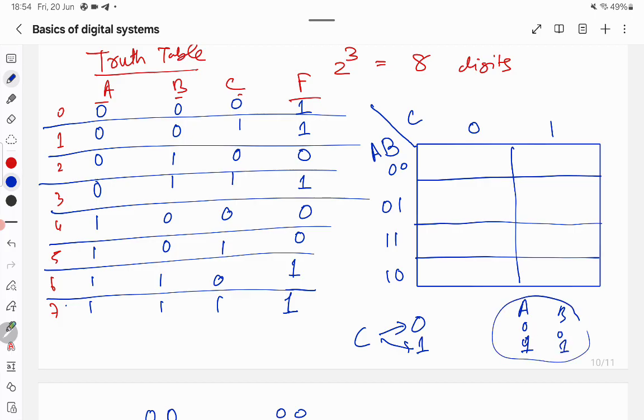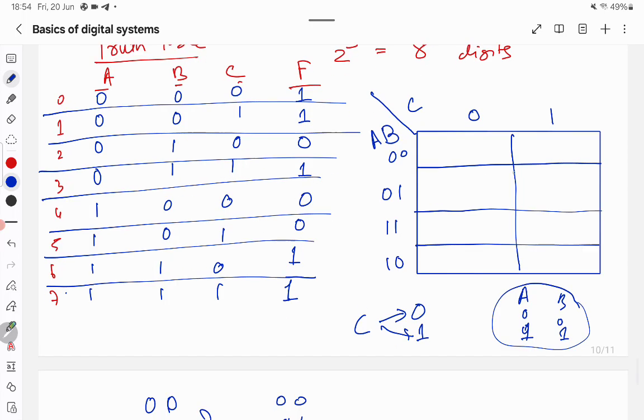If you take the combinations, there will be 0 0, 0 1, 1 1, 1 0, and this must be written in gray code. So how will you write 0 1 2 3? Since we are following the gray code and we know 1 1 has higher value than 1 0, we should write 4 and 5 here, and 6 and 7 here.